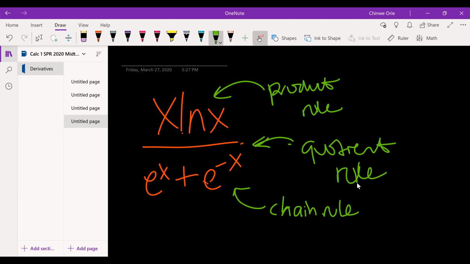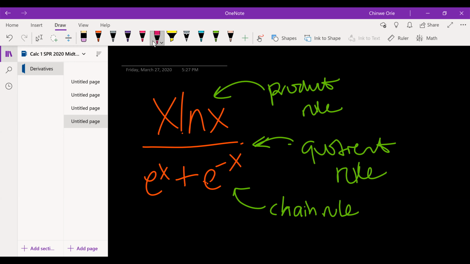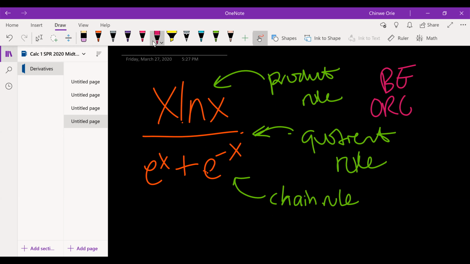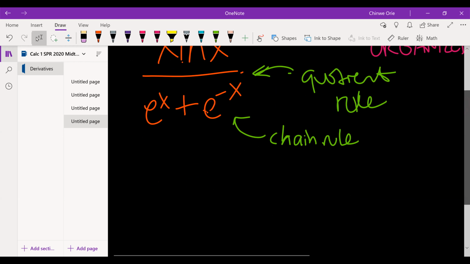Okay. All right. So now we figured out all the rules that we're going to use. Now it's time to put it into practice. This is the point where you want to be organized, not only because it helps you solve the problem, but it also helps whoever is grading it. This doesn't mean that you have to have perfect handwriting. It just means that your work should be in some kind of order that helps you.